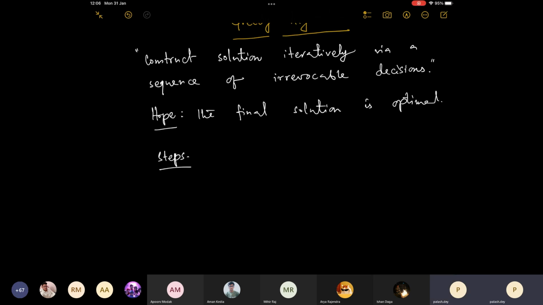So think of a coin change problem, and you thought of a greedy algorithm, and in the first iteration, you decide that I will pick a coin of denomination 10. Later you won't say that, although I decided in the first iteration to pick a coin of denomination 10, now I am changing that decision. No, that's not the case. Whatever decisions we are taking at each step, we won't change it.